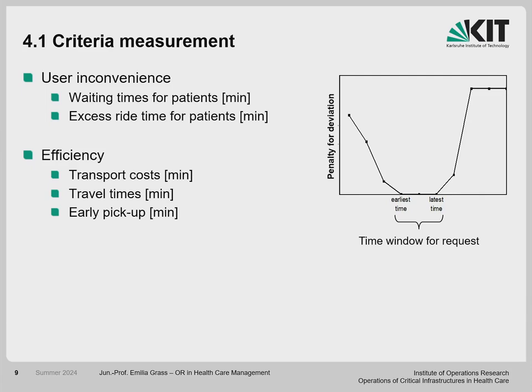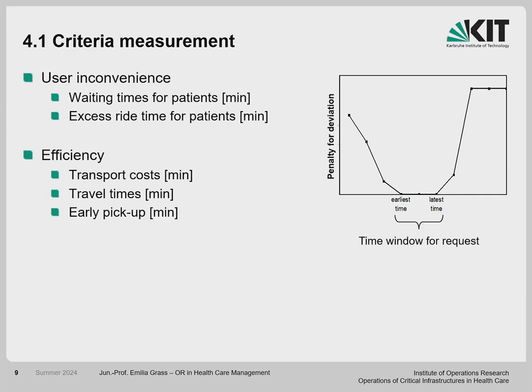If you are 5 minutes too early, it's okay. You can wait for 5 minutes, that's not an issue. But if you are 1 second too late and you couldn't get the bus anymore, then you have to wait for another hour, for this KIT shuttle. That means your penalty cost is pretty high.